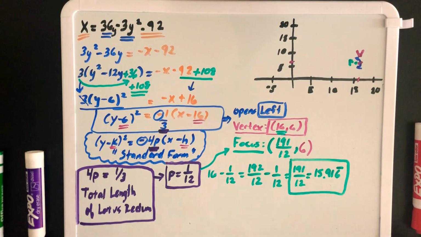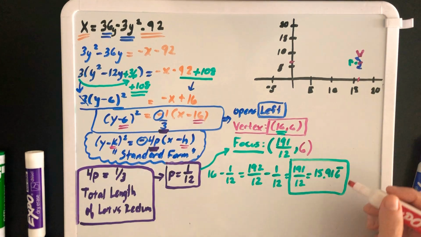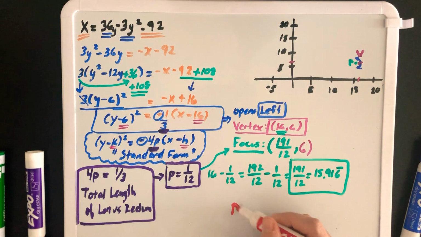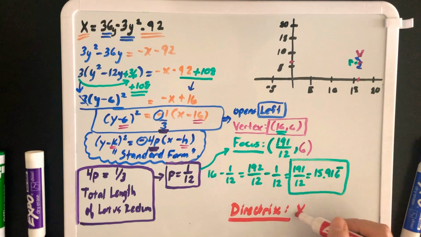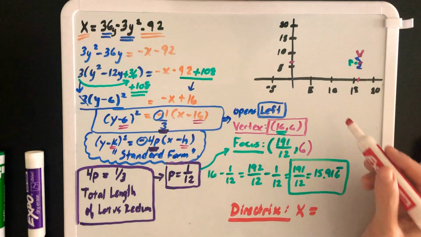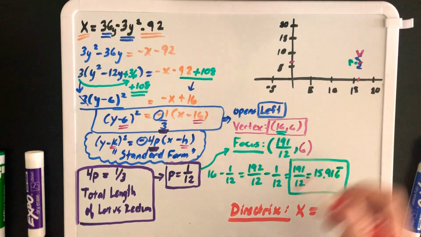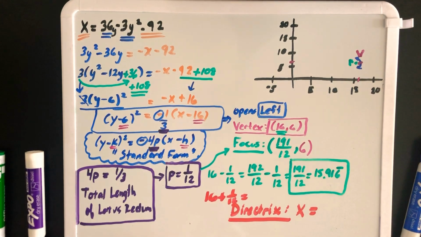What about my directrix? Well, the directrix would be a vertical line behind it, right? So to find the directrix in this case, it should be x equals something if it's a vertical line, okay? And it should be 1/12 of a unit to the right of the x value of the vertex, 16. So if I go 16 plus 1/12, that again would be 192 over 12 for 16 plus 1/12.